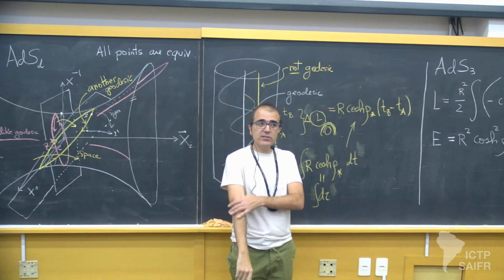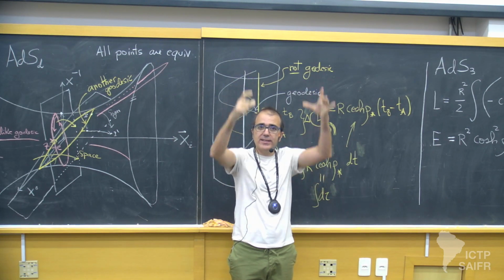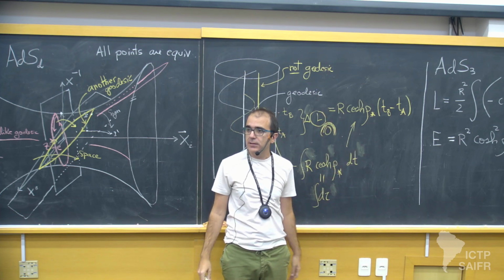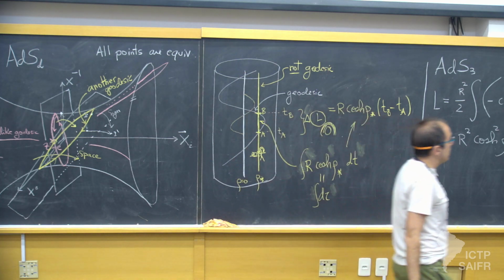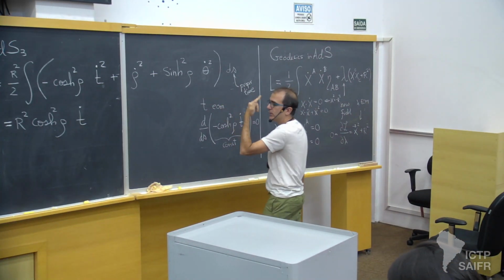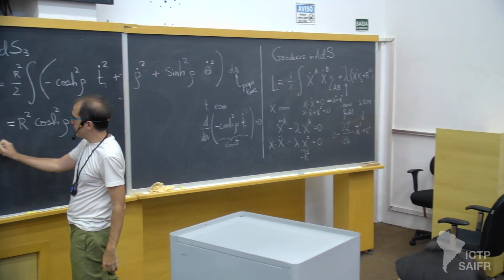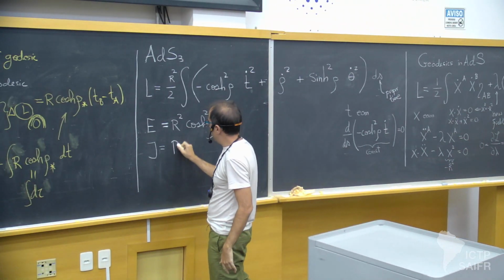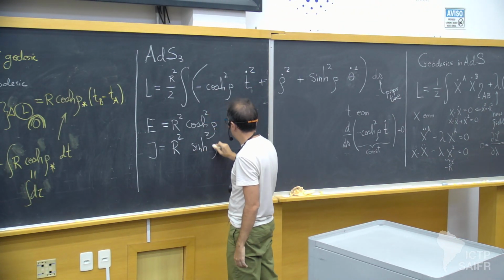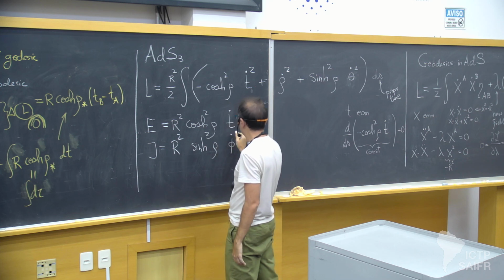It's the charge associated to translation in time, the fact that nothing depends on time, something should be conserved, and it's this. Similarly, theta is this angle, and things are rotation invariant. So the angular momentum should be conserved, and that would be r square sinh square of rho times theta dot.